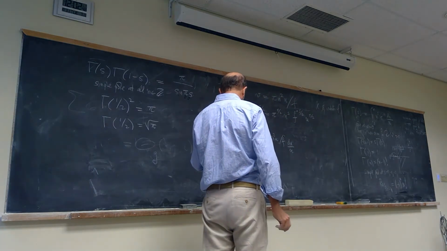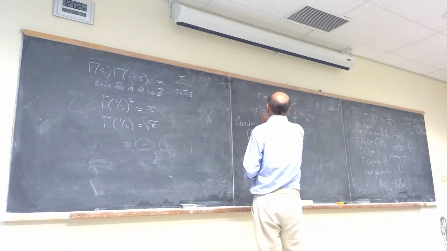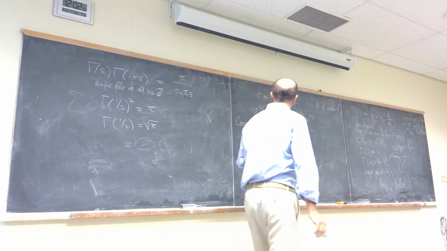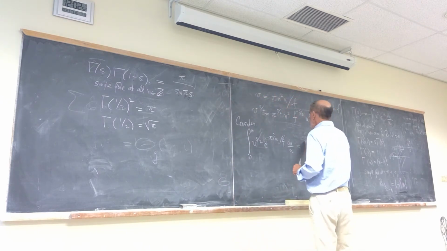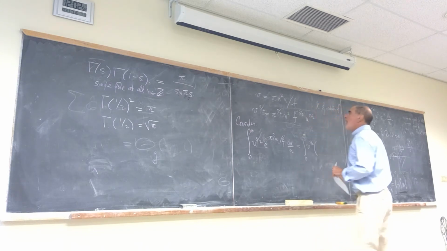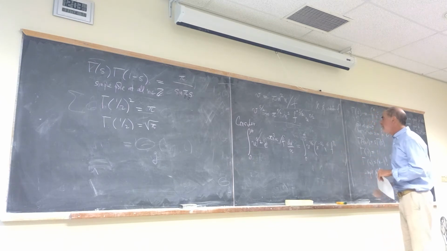Okay. Now this u to the s over 2, I'm going to write as v to the s over 2, and I'm going to invert this. So that's equal to the integral from 0 to infinity of v to the s over 2 times the quantity pi to the minus s over 2, n to the minus s, f to the s over 2. Those are just constants, right?